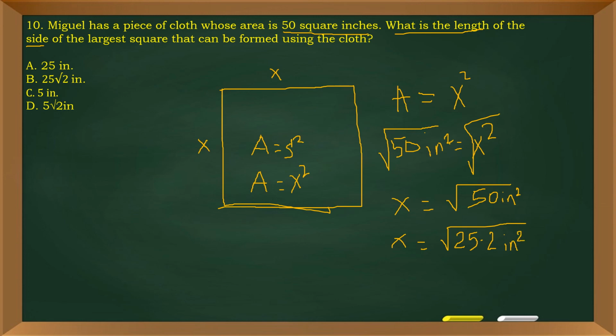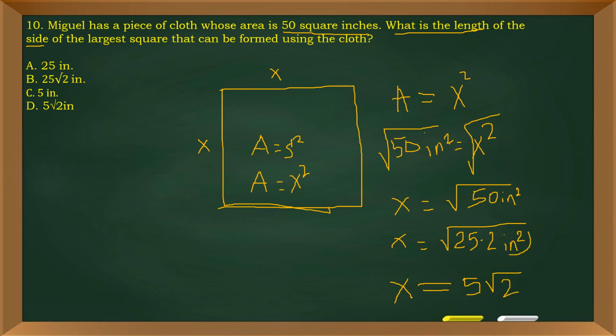So si 25 ay pwede nang ilabas bilang extracted number na positive 5. Bakit walang negative? Kasi mayroon na siyang unit of length. So wala namang negative na length, na puro absolute value. So positive. Kaya 5 square root of 2.